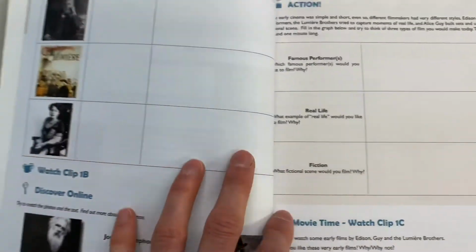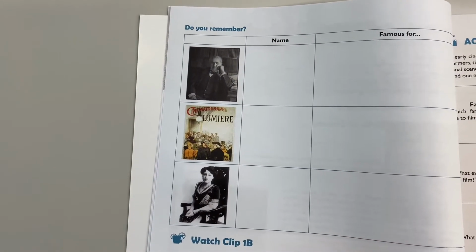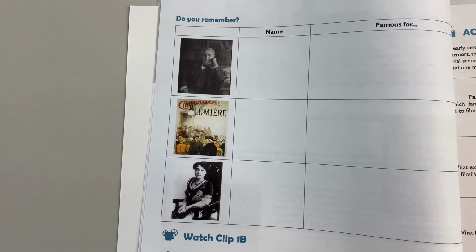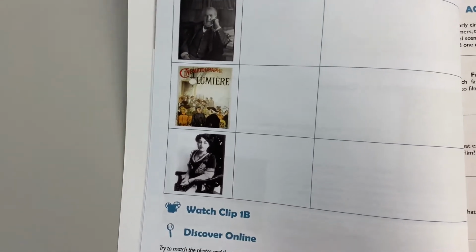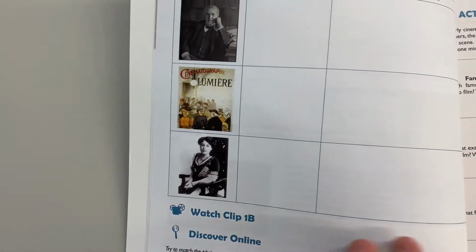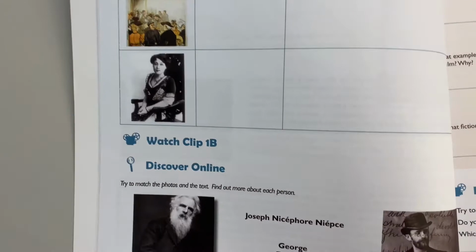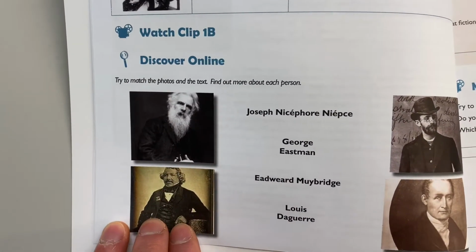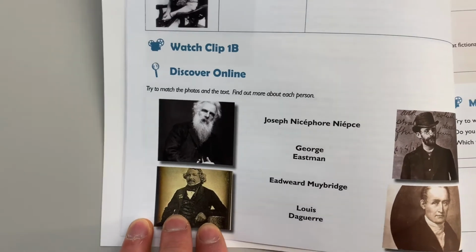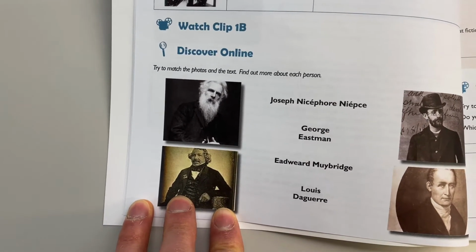On the next page, we have a quick comprehension activity just to make sure the students understood everything from the second reading activity. Then they get a chance to watch some more clips. Again, all of the resources are online. At the bottom here, we've got 4 pictures of people mentioned in this unit, and the students can do some independent research.